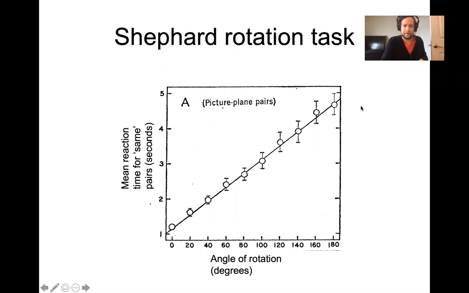Here are the data, though. This is one of the early examples of cognitive psychology, this idea that we have representations of information out there in the world and that we can manipulate it. So the question here is, what is the manipulation? And remember, I said that one important aspect of cognitive psychology is that the mind can be inferred.